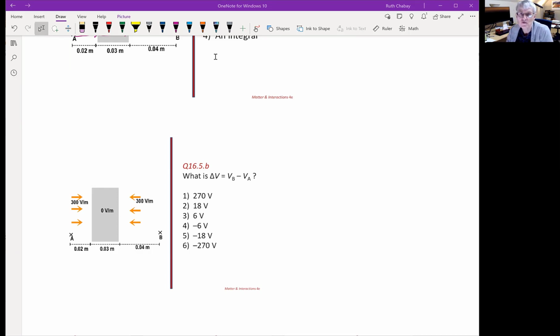Okay, remember that signs are really, really, really important. So if you're sloppy about signs, you're going to get potential differences with the wrong signs, which means that your particles are going to be losing energy when they should be gaining energy, or gaining energy when they should be losing energy. So one of the details that you have to pay attention to here is be really careful about the signs of potential differences.